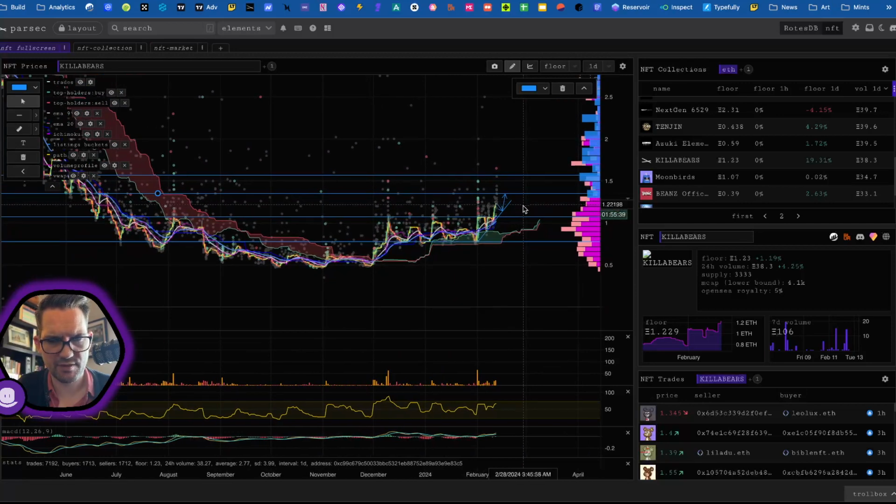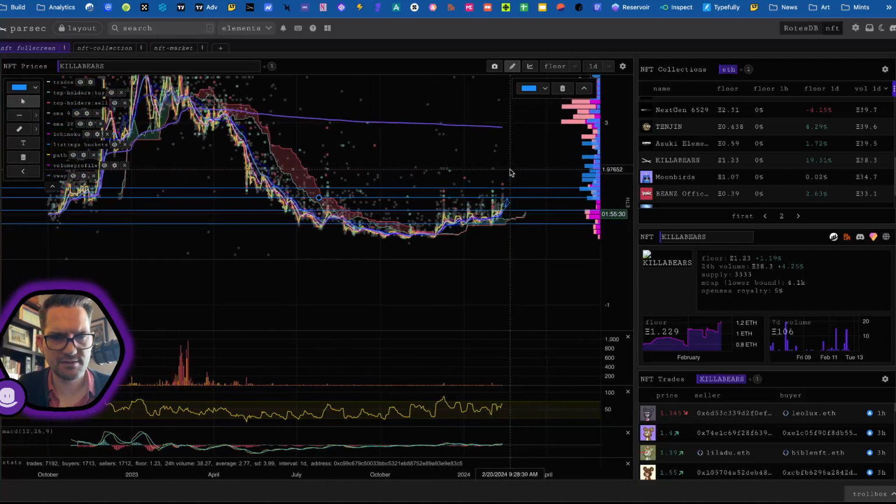But it's gapped out in between, so it could be as high as 1.35 before a short-term pullback here. That's where I'd look at Killer Bears.